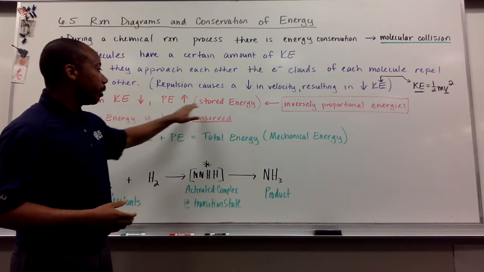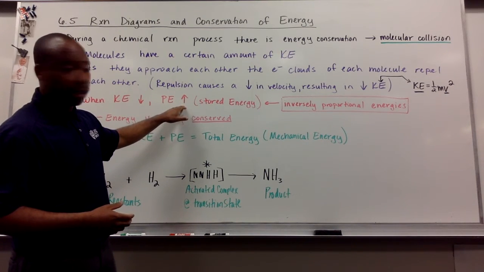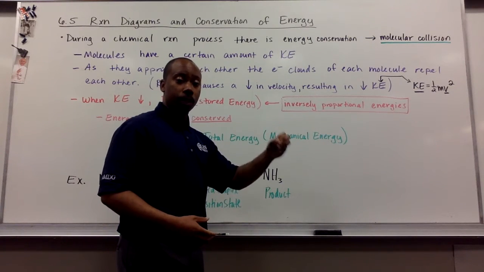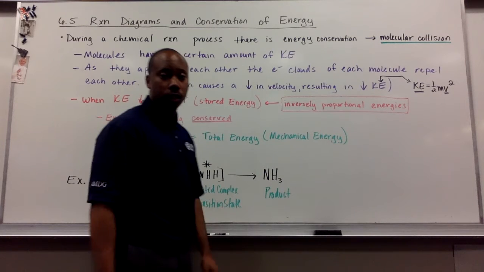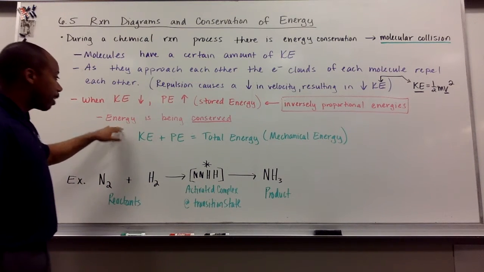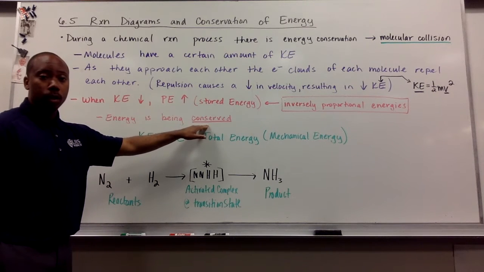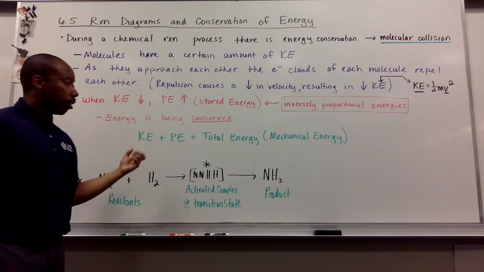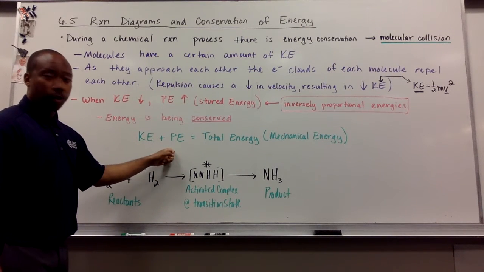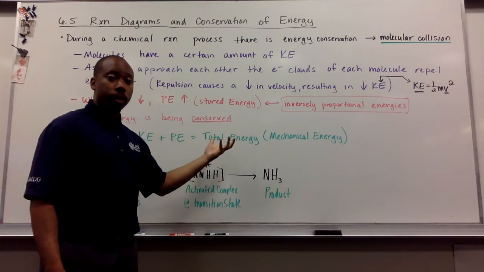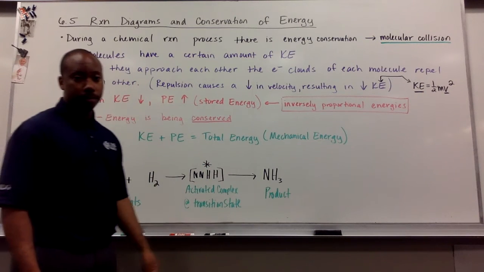So that stored energy begins to increase, and that's a noted relationship between kinetic energy and potential energy. It's an inverse relationship. They're inversely proportional. So in this case, this is the energy being conserved. What was once kinetic energy is now being turned into potential energy. The equation representing that conservation is here: kinetic energy plus potential energy equals your total energy, oftentimes called mechanical energy.